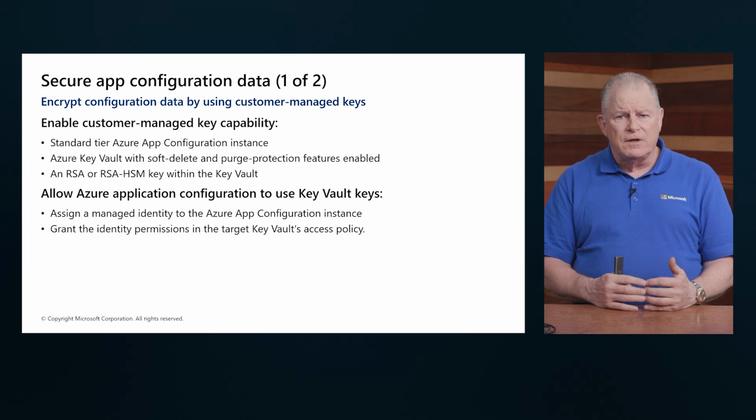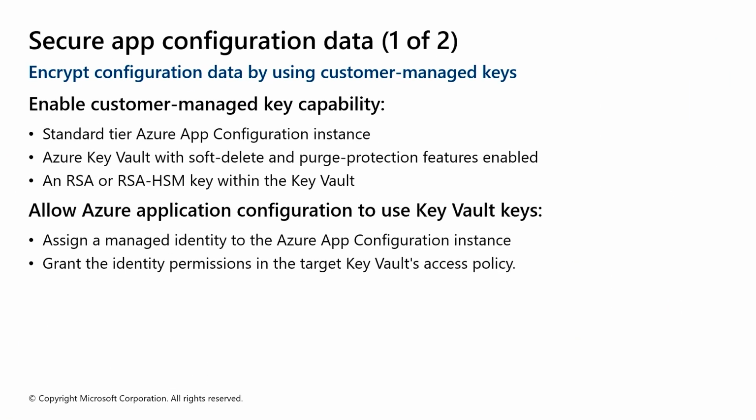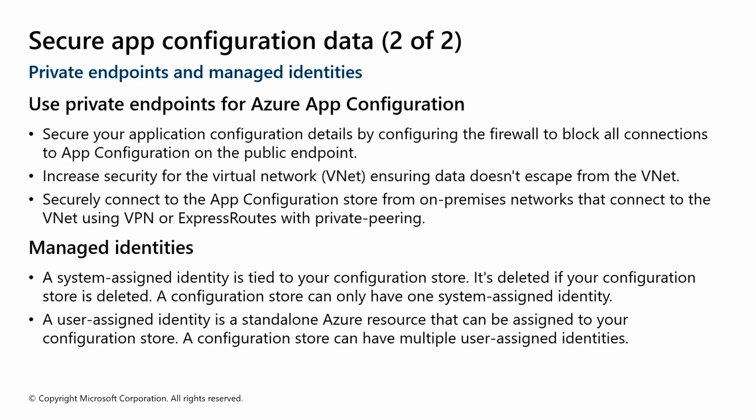Taking a look at the app config, you're going to use a managed identity, whether it be a system assigned or a user assigned managed identity to the config instance, and you then want to grant the identity the permissions. The app config information and the service is addressable through a URI. You can see the endpoint is publicly addressable. Again, probably not a very good idea to have that.